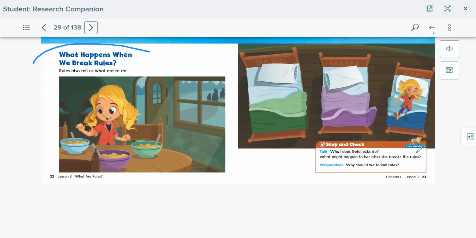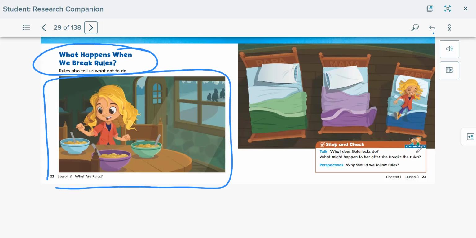Let's look and see what happens when we break rules. Rules also tell us what not to do. What does Goldilocks do? So in this picture, what is she doing? Well, there are 3 bowls of food.